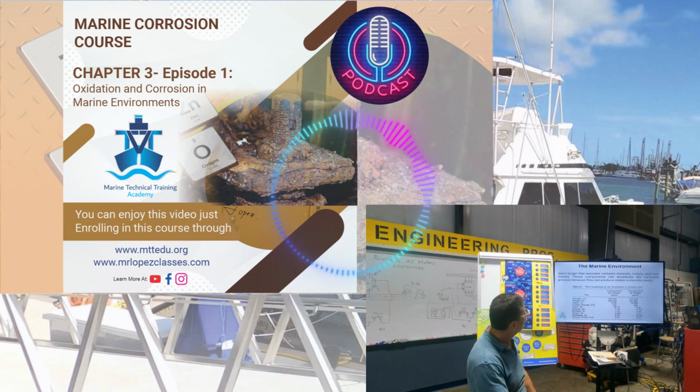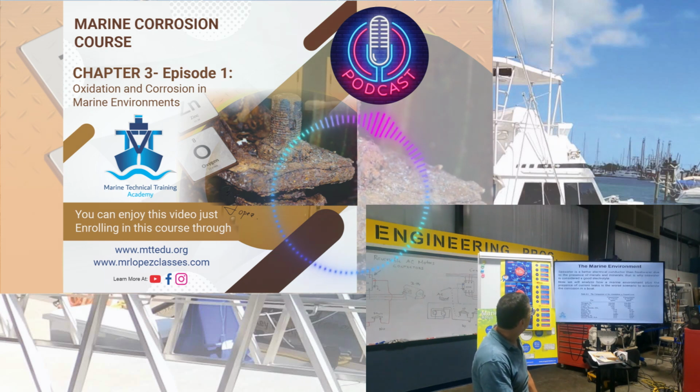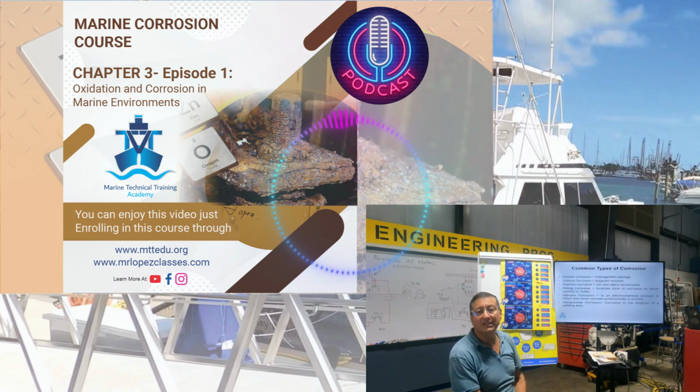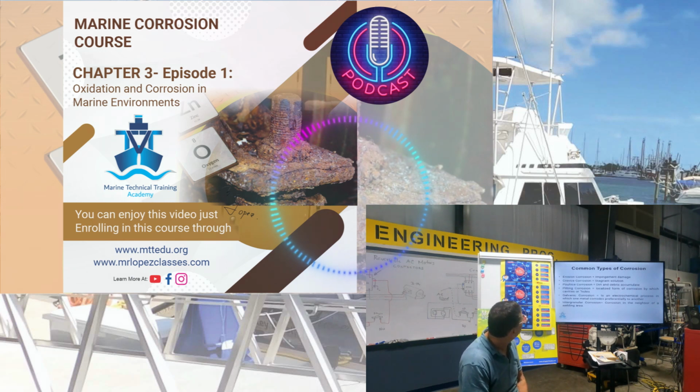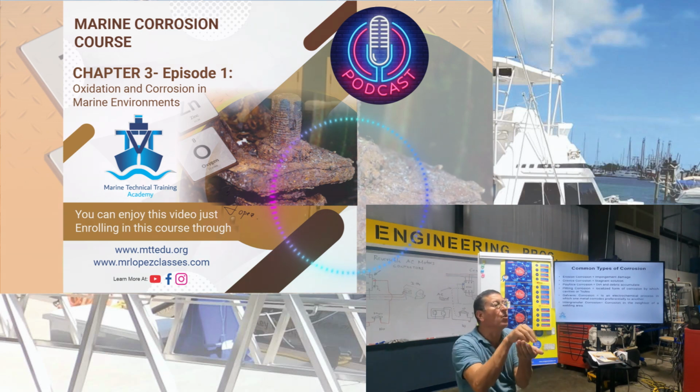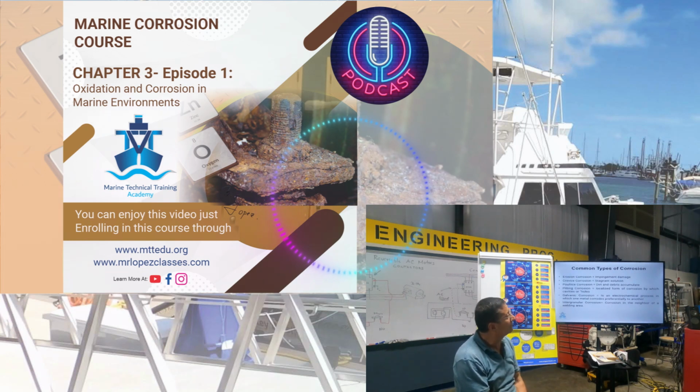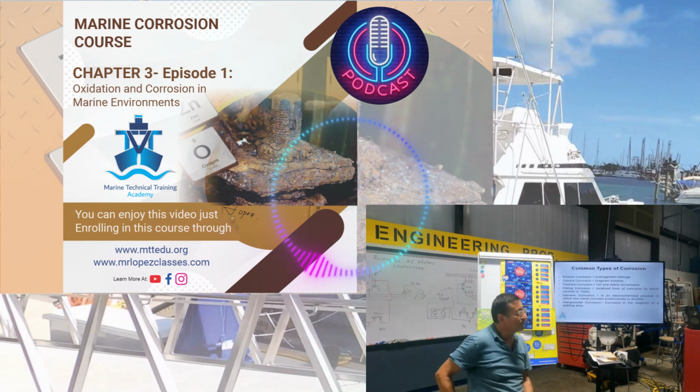It depends on how many electrons in the last orbit the sulfur releases. For example, sulfur is located in the periodic table in group number 6. Sulfur produces 3 different types of oxides, because sulfur, with 6 electrons in the last orbit, can release 2 or 4 or 6 electrons and produce 3 different oxides, right? Nitrogen is located in group number 5 with 5 electrons in the last orbit.